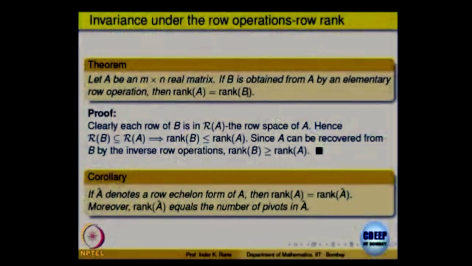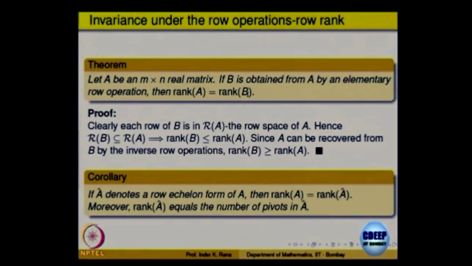So this is the fact: if you take a matrix A and take its row echelon form, you get non-zero rows. The row space of A is the same as the row space of the row echelon form, and in the row echelon form the non-zero rows are linearly independent.